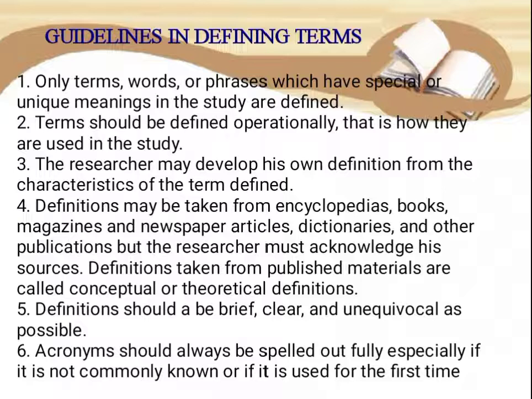Fifth, definition should be as brief, clear, and unequivocal as possible. Sixth, acronyms should always be spelled out fully, especially if it is not commonly known or if it is used for the first time.